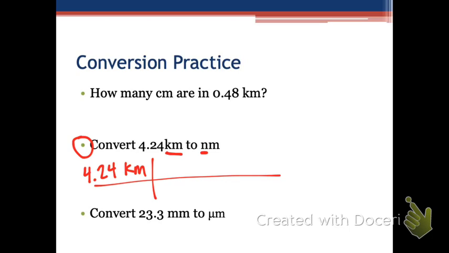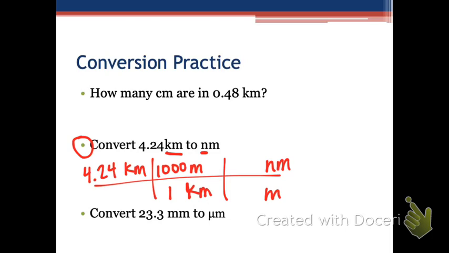So if I was going to do this conversion my way, the T-chart way, I would need to go from kilometers to meters. Meters is always kind of our middleman. They're always kind of the stopping point in between. So I would say 1 kilometer is 1,000 meters.